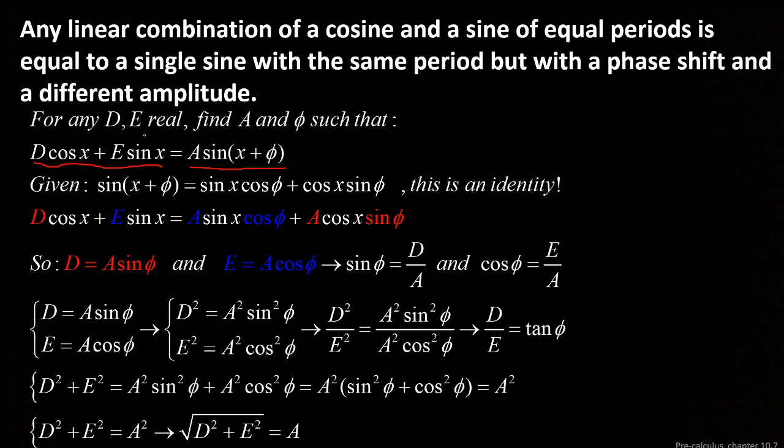Now, how do we convert this structure to just something like this? Well, we know that sine of x plus phi, or a plus b, doesn't matter. We have a formula for it from our identity chart, right?